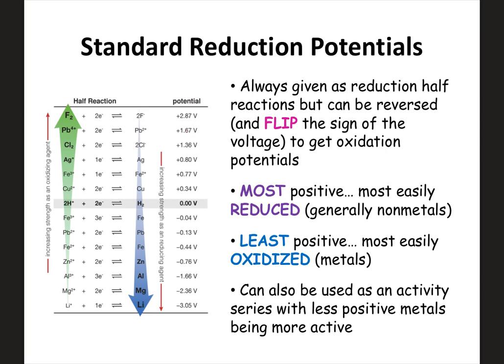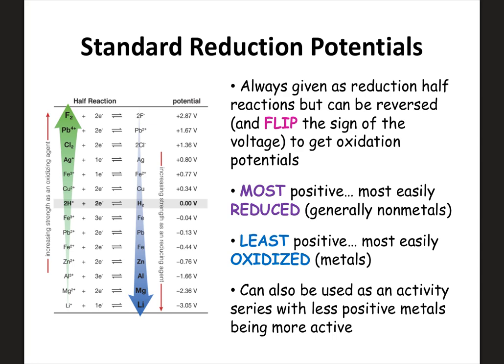But if you needed the Pb2+ to be oxidized or lose electrons, you would need to reverse that, and the voltage would be negative 1.67. So very important. This is something that kids mess up all the time. You got to know that these are written as standard reduction potentials, and if you want the oxidation, you have to flip it and then flip the sign of the voltage.